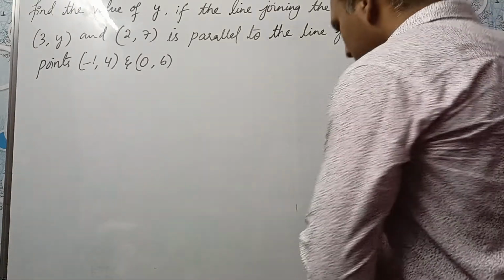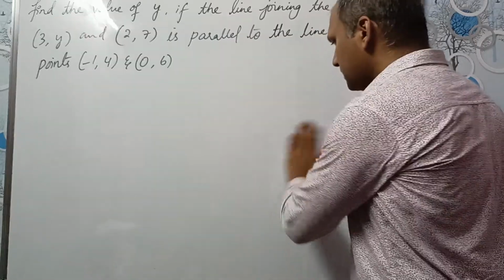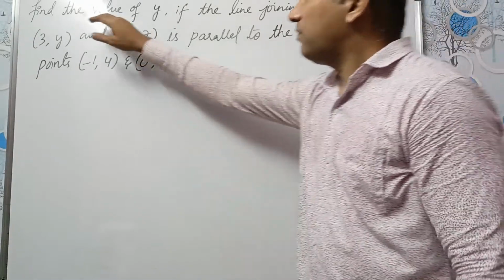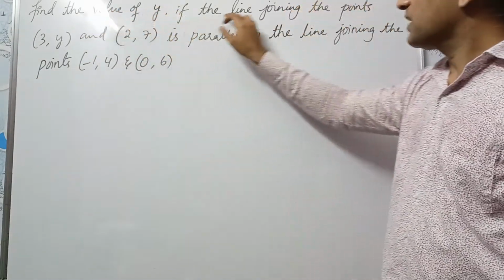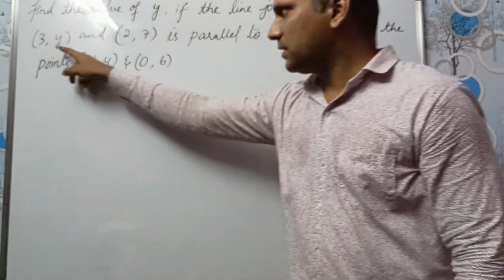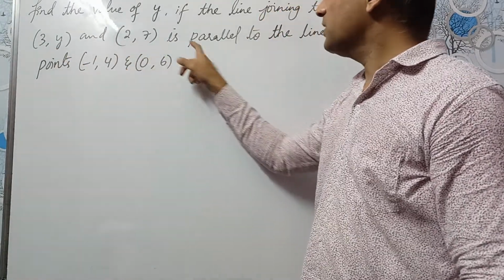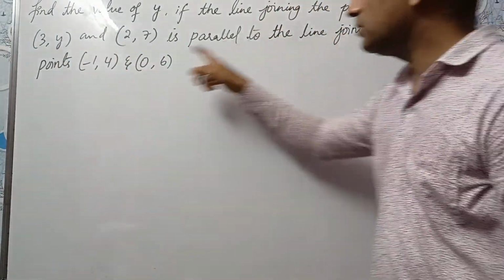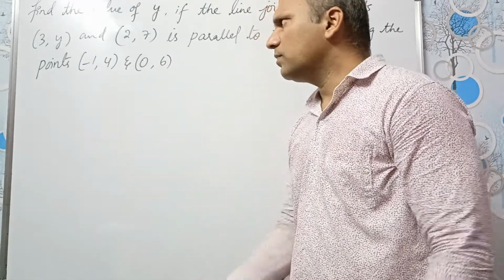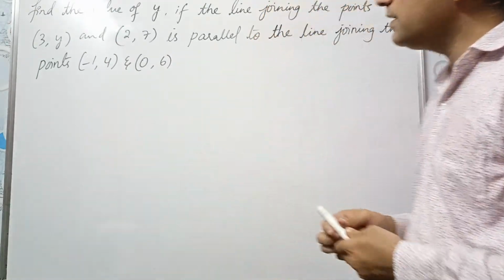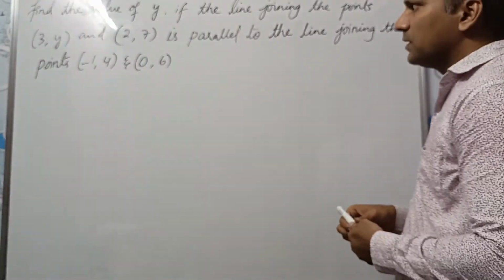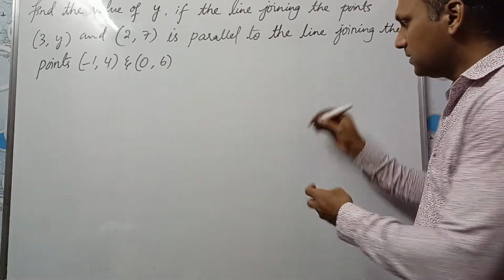Okay, we have an interesting question here. Students will get confused in this. See here. Find the value of y if the line joining the points 3, y and 2, 7 is parallel to the line joining the points minus 1, 4 and 0, 6. Understand the question carefully. See, there are 2 parallel lines.